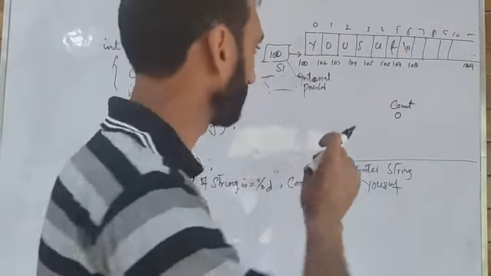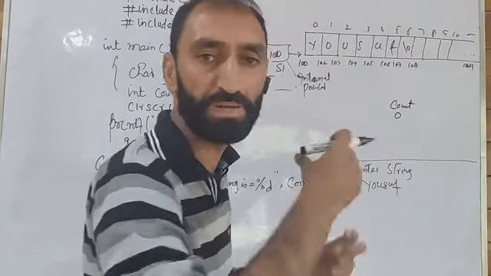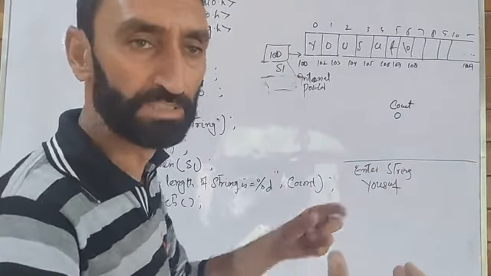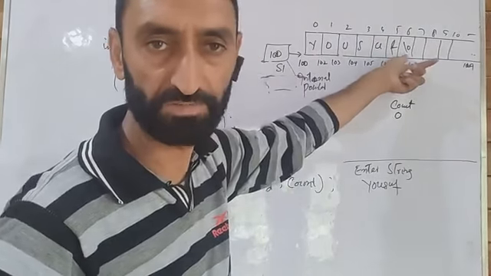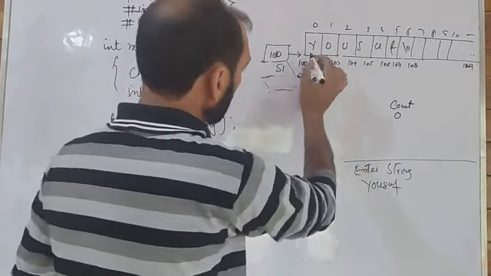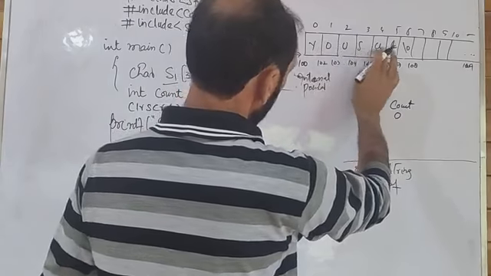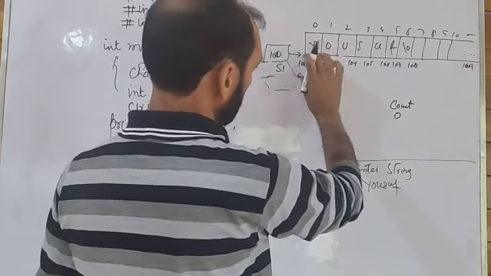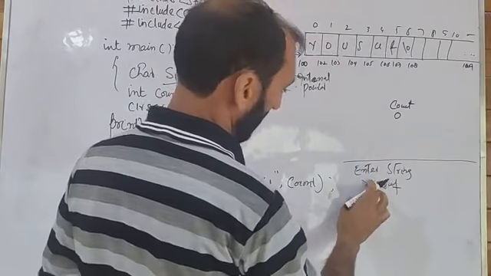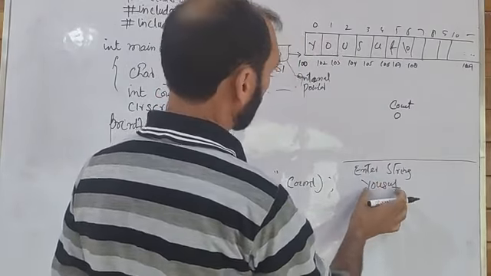The null character is automatically put by the compiler at the end of the string, and it is \0. So for the string Yousuf, 6 characters plus the null character are utilized.